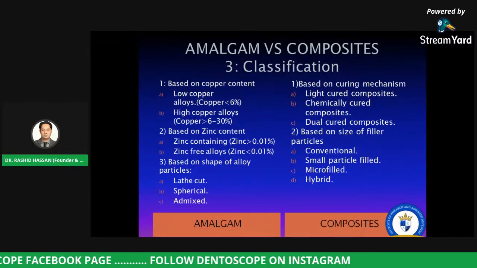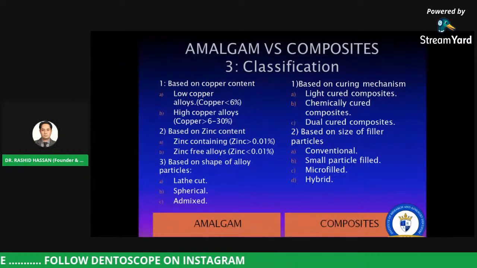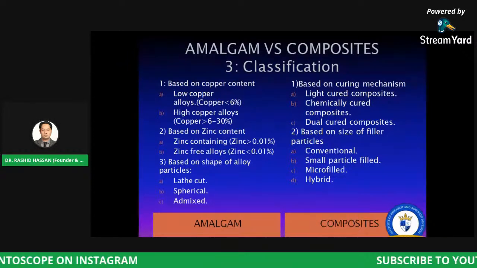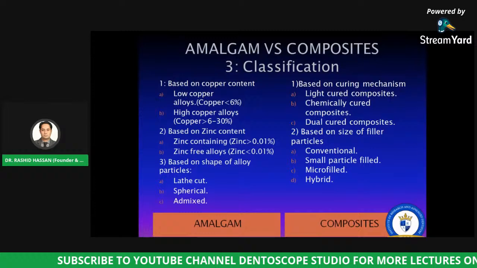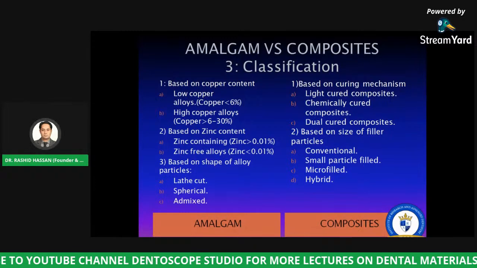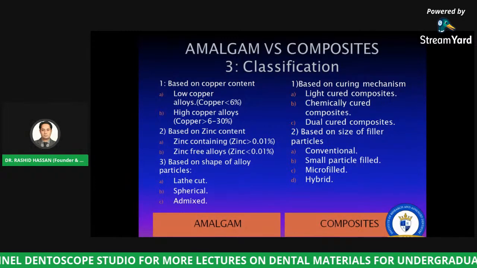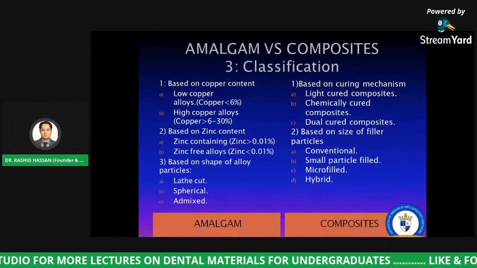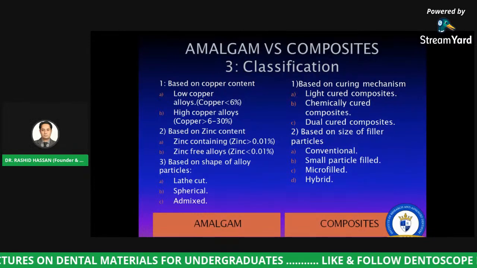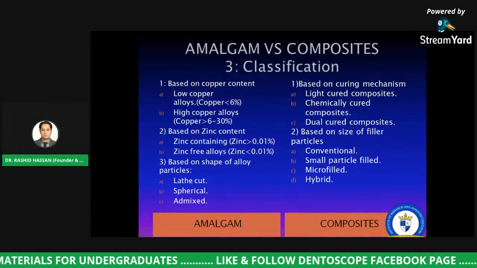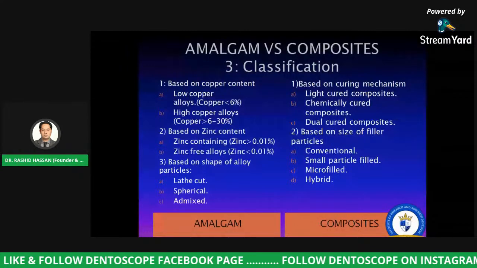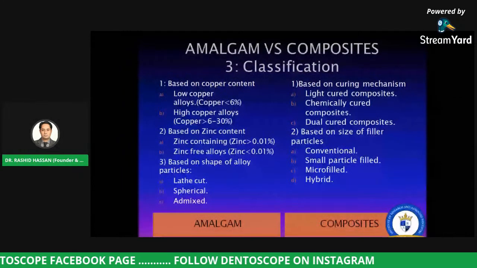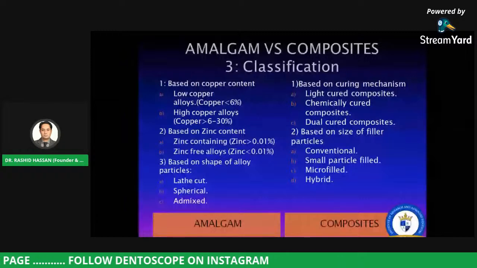It was very rough, which causes the dental composite restoration to discolor after some time. So, for that purpose, the particle size was reduced from 50 micrometer to 8 to 12 micrometer. That's the range of the particle size used in the small particle filled. In these dental composites, the surface smoothness was slightly improved, but the strength was a little bit compromised. Then the microfill dental composite.